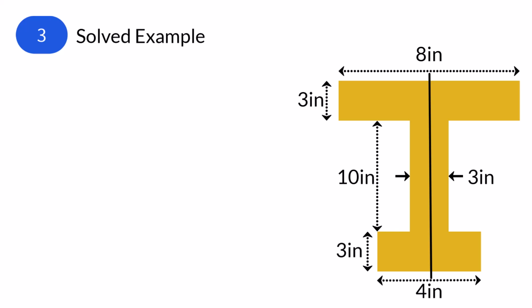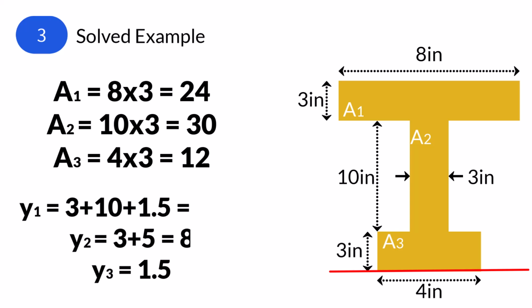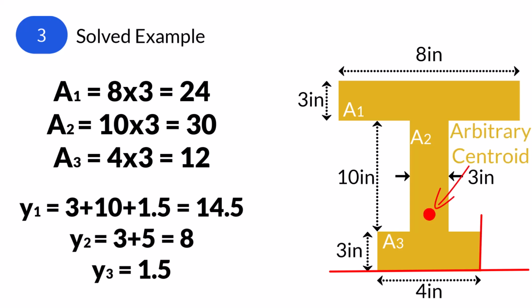So we only need to find the centroid location about the x-axis. The bottommost line is selected as the reference axis. The eye section is divided into three rectangles, whose areas A1, A2, and A3 are given as shown. The moment arms of each area are also given. An arbitrary centroid is selected for the eye section and its moment arm up to the reference axis is denoted by y.